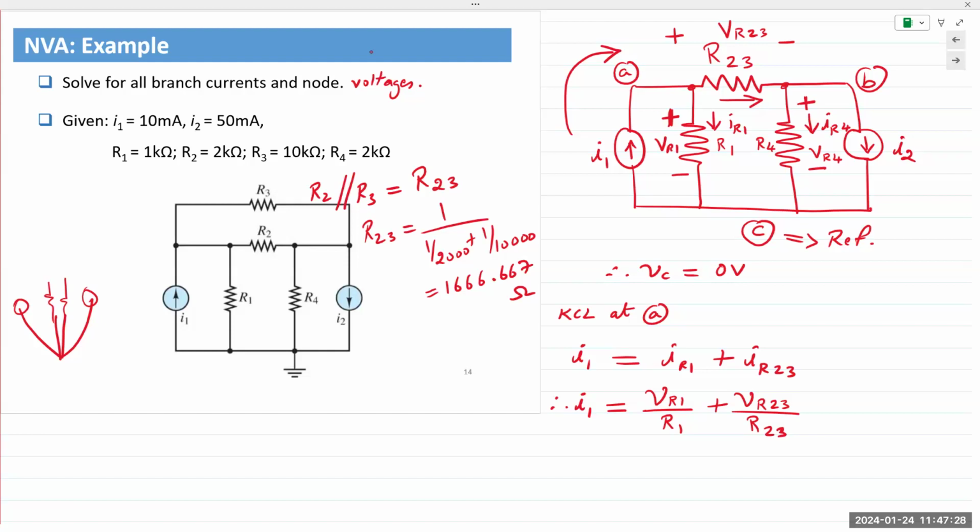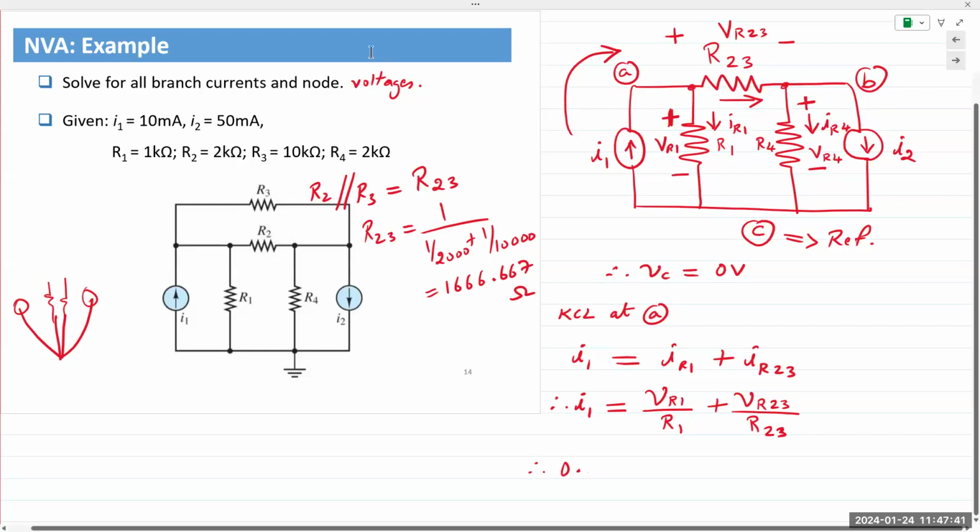So at this point, I would express VR1 as node voltages. I would also plug in the values. I1 is given to me as 10 milliamps, so it's 0.01.